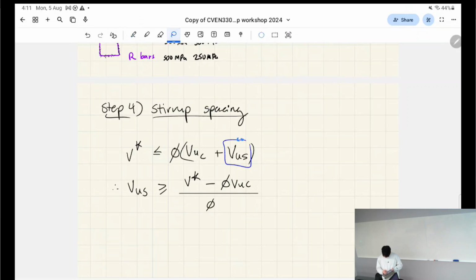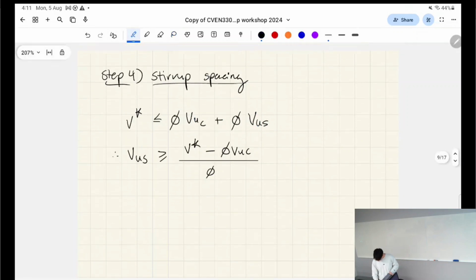It might help if I write it like this, actually. Divide out the phi, right? So let's keep it in kilonewtons. Sorry, that's 119. I messed it up by redoing my shear force envelope.